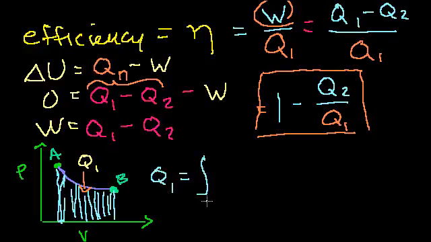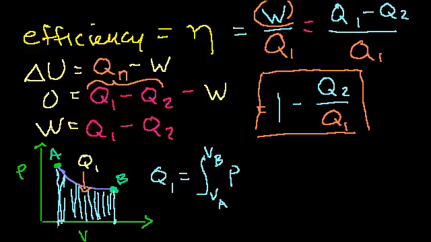It's equal to the integral from our volume at A to our volume at B. We're starting here, and we're going to our volume at B. And we're taking the integral of pressure times our change in volume, dV. I've done this multiple times, but I'll do it again.